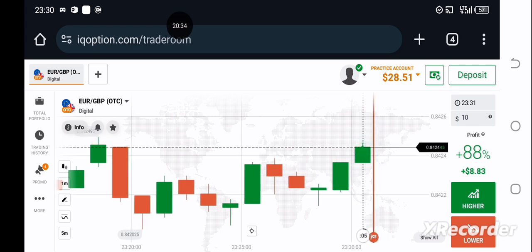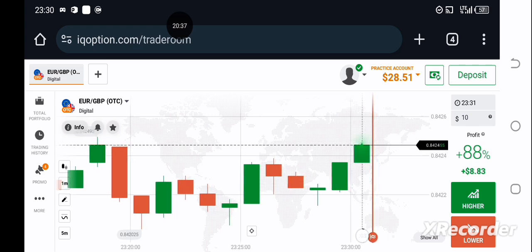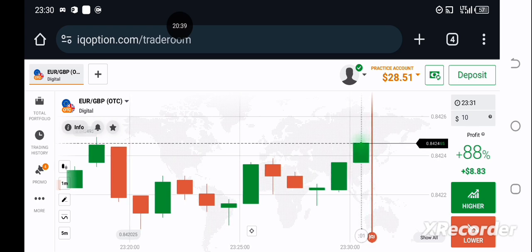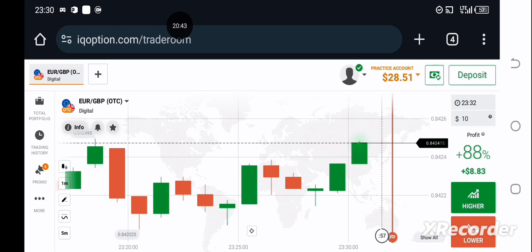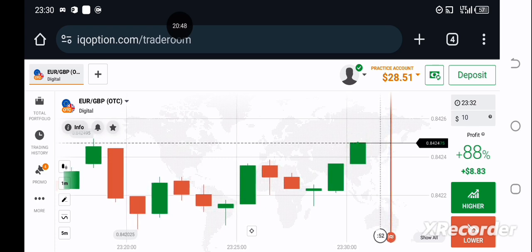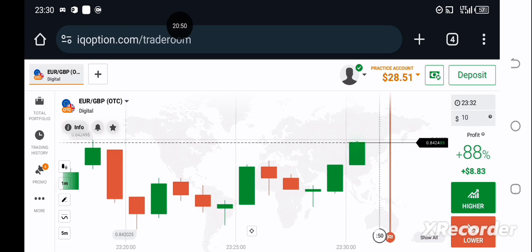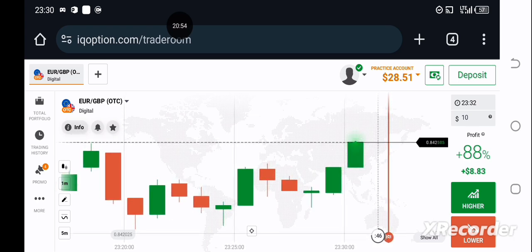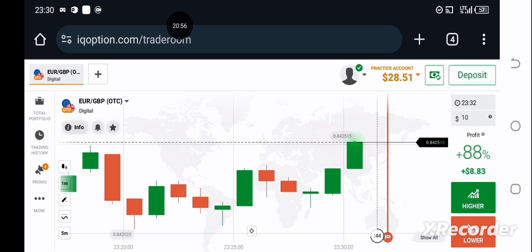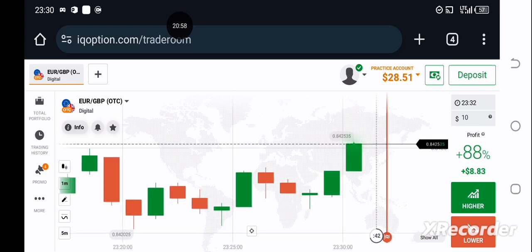And if the market is going down, instead of you selling, you are now buying, you are on the wrong side of the market. You understand? So it doesn't mean that because the market is going up, you would only be buying. No, you can also equally sell. But before you sell, you have to do your analysis to determine, am I supposed to sell or am I supposed to buy?